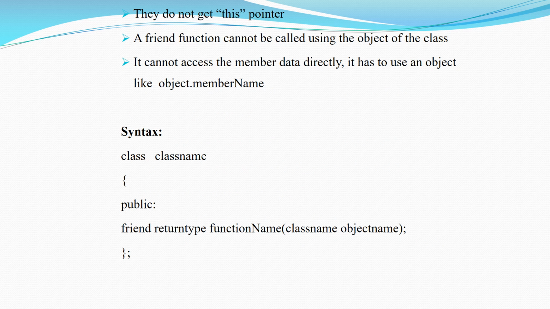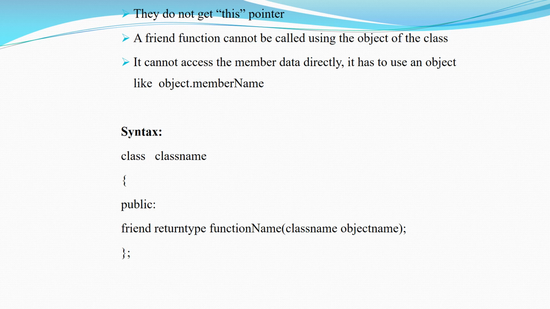Here we have still more features. They do not get the this pointer. A friend function cannot be called using an object of the class.